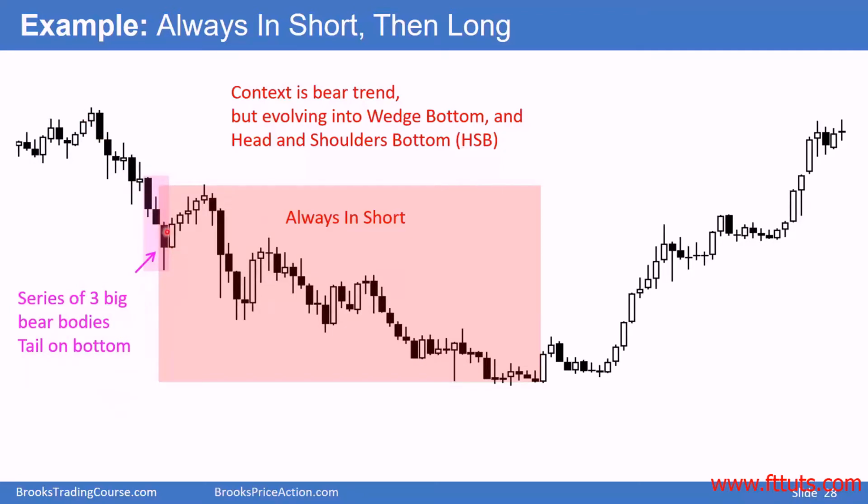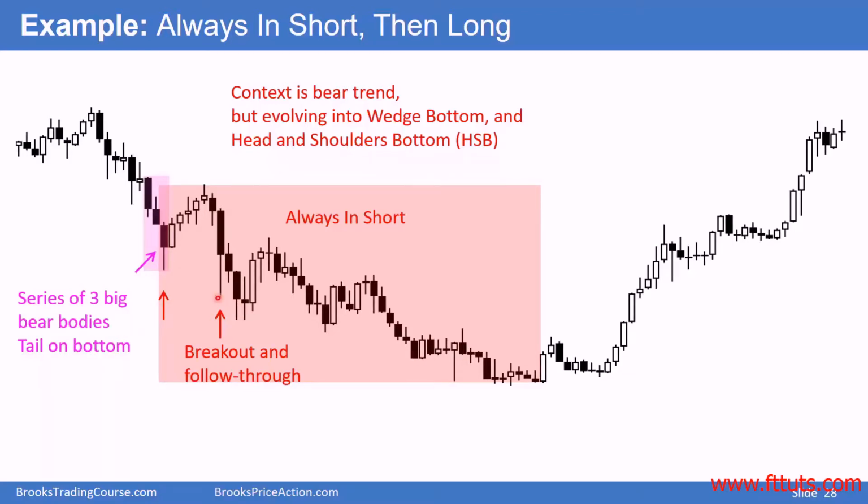3 big bear bars, a bear channel with about 8 or 10 bars, but tail on the bottom of the bar. That's a weakening trend. Another big bear breakout, but a big tail below, and the close of this bar, the bottom of that black box, is above the breakout point. There are problems with this bear trend.